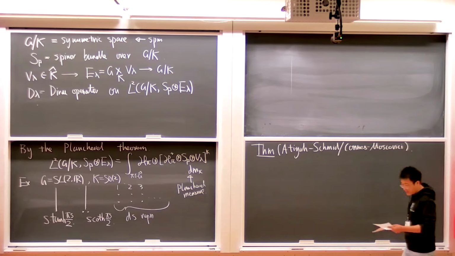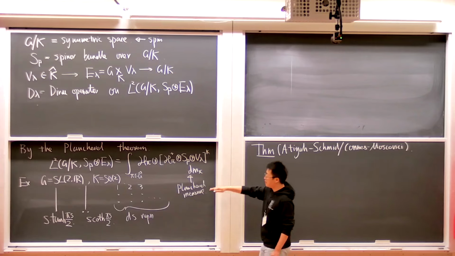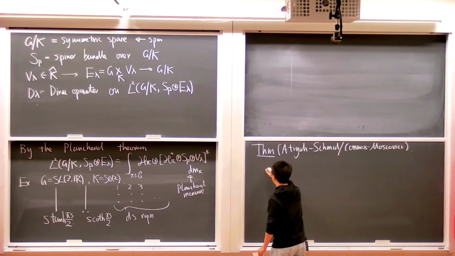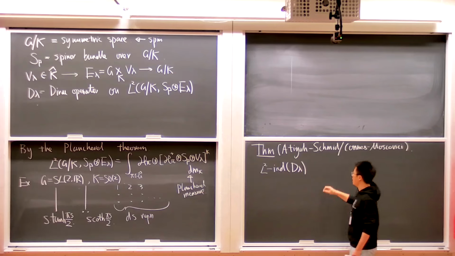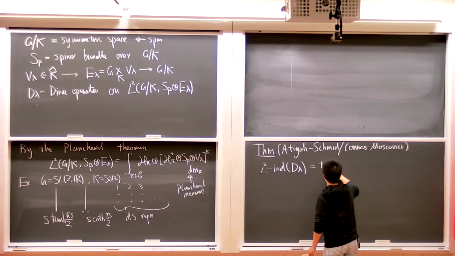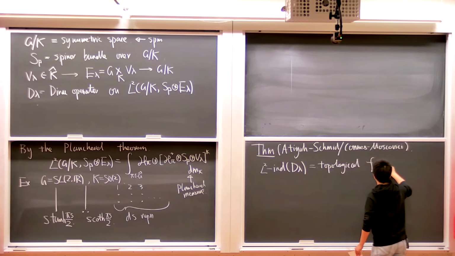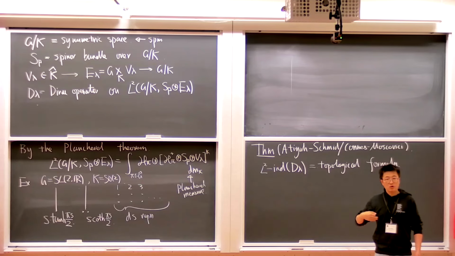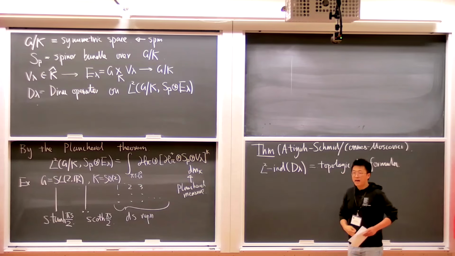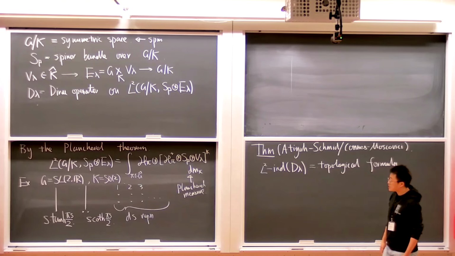What they proved is that on this symmetric space, because we have a Dirac operator, say D lambda, they really compute the L2 index of this D lambda, and they obtain a topological formula. In the work of Atiyah-Schmid, they assume this non-compact group G has a co-compact lattice sitting inside G.